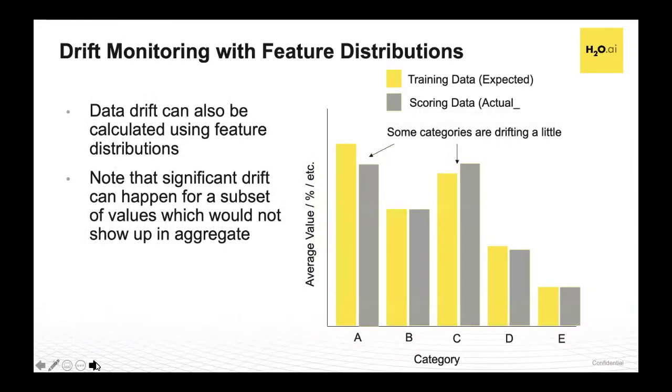And we can see this in some of the drill downs we just looked at in PSI, but there are other ways besides PSI where you can measure the differences between two data sets. I have seen custom metrics built around this and other things to just measure the drift between the two histograms. And if you do that, you can have a different drift metric that you can measure.